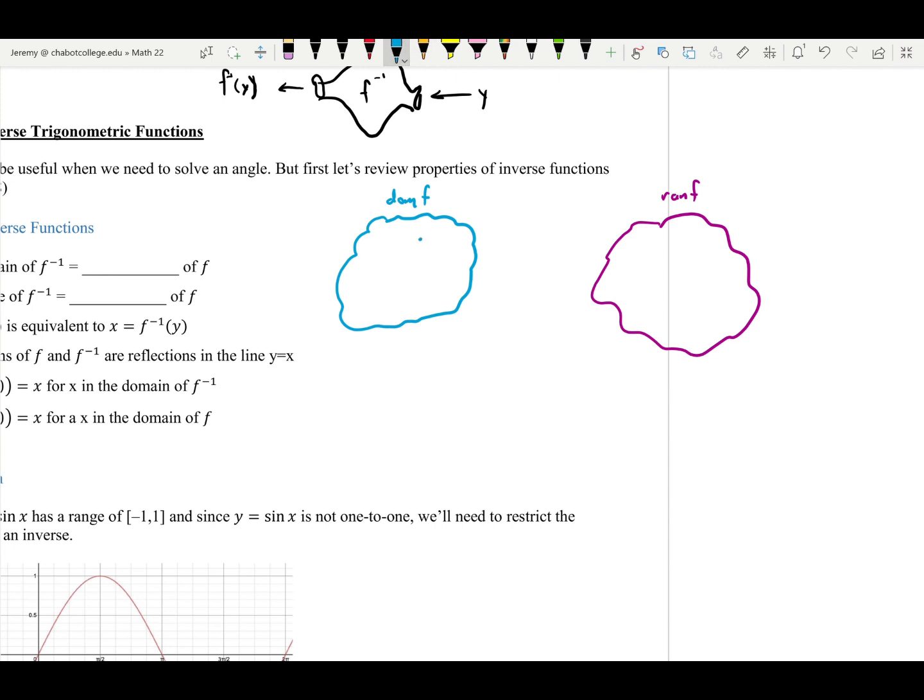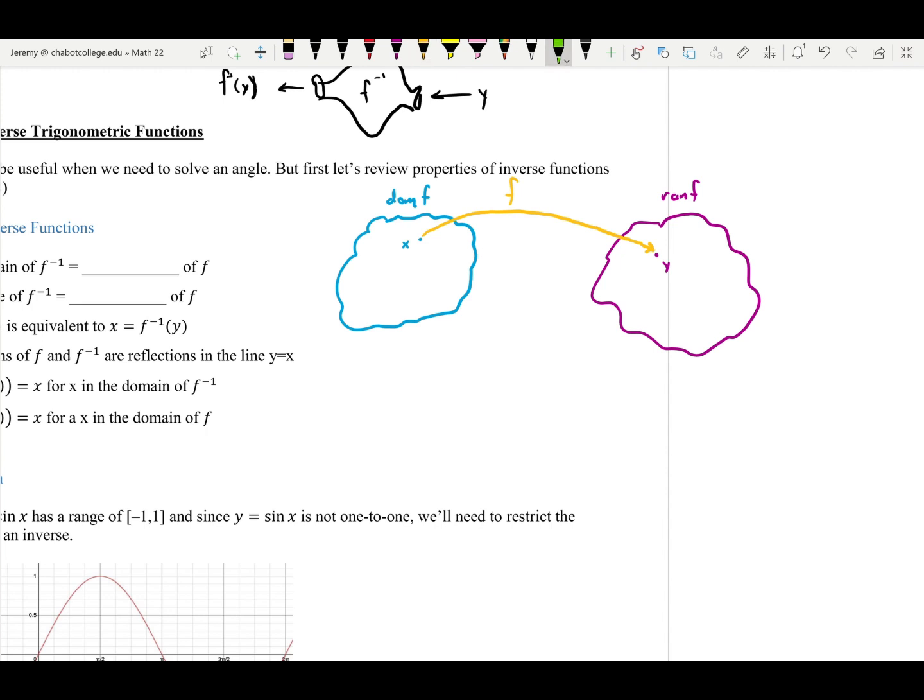So like, let's say we have a little x value over here. And then we have over here in the range just some y value. What f does is it carries x over to this associated y value in the range. Okay, so that is what the function f does.